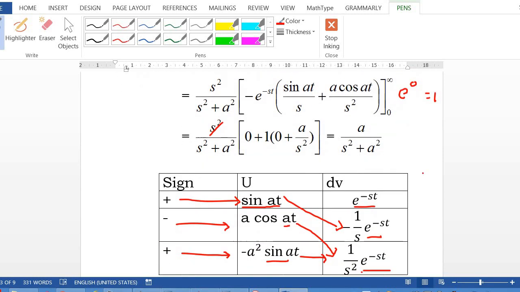Then the second term, we have negative a over s squared, so negative a over s squared e to the negative st cos at here.